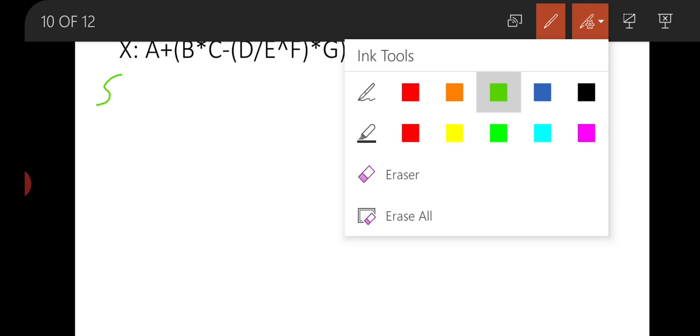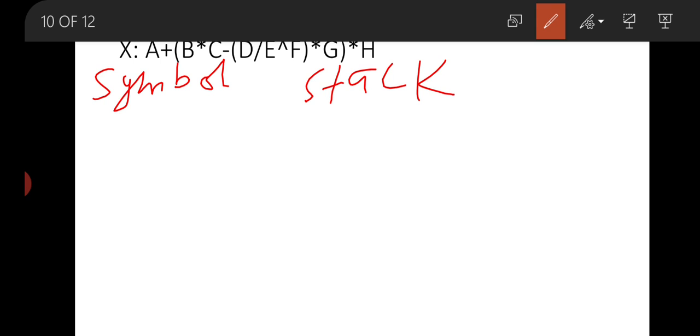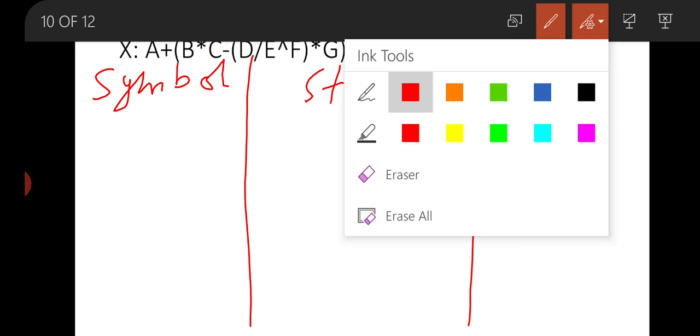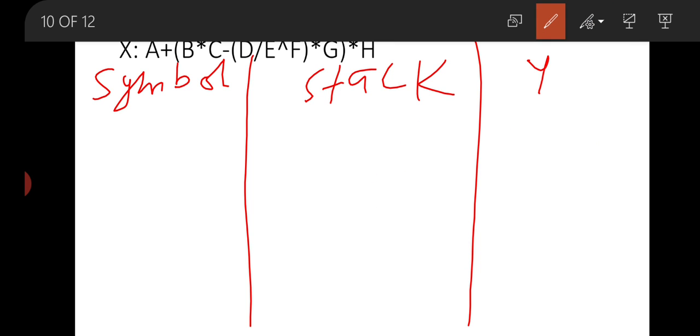This is your symbol. The symbol is scanned. This is your stack, and this is your expression Y. Now we are going to scan the symbol.